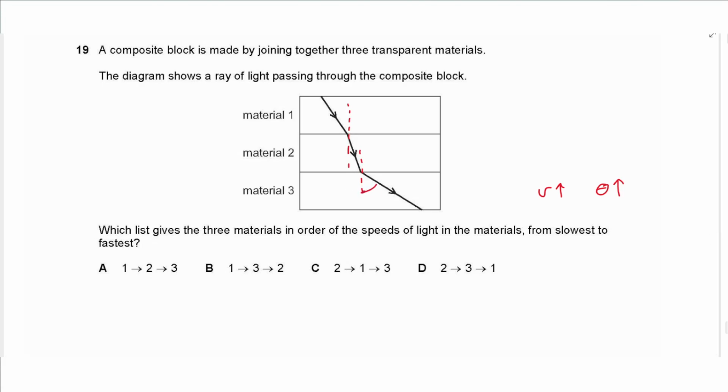The largest angle is at 3, the next one is at 1, and the smallest angle is at 2. So this is the highest speed, this is the lowest speed, and this is the moderate speed. So we need to list them from slowest to fastest. So it's 2, then 1, then 3, so the answer is C.